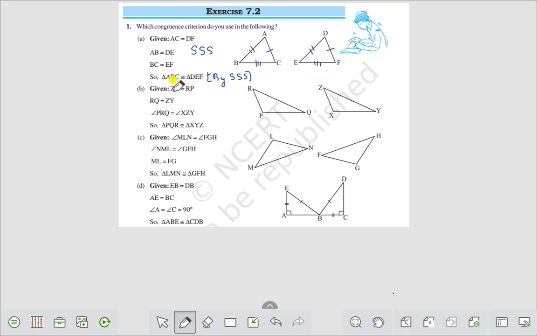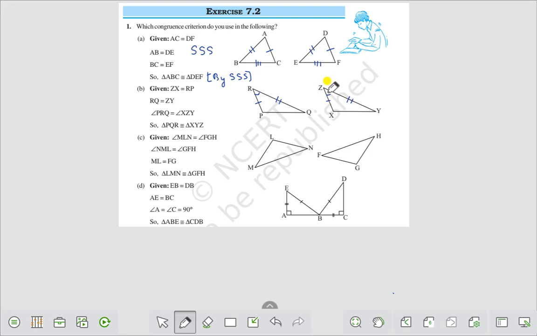Now question number B. Given ZX is equal to RP. ZX and RP are the same, right? And this side RQ is equal to ZY. And also angle PRQ is equal to angle XZY.